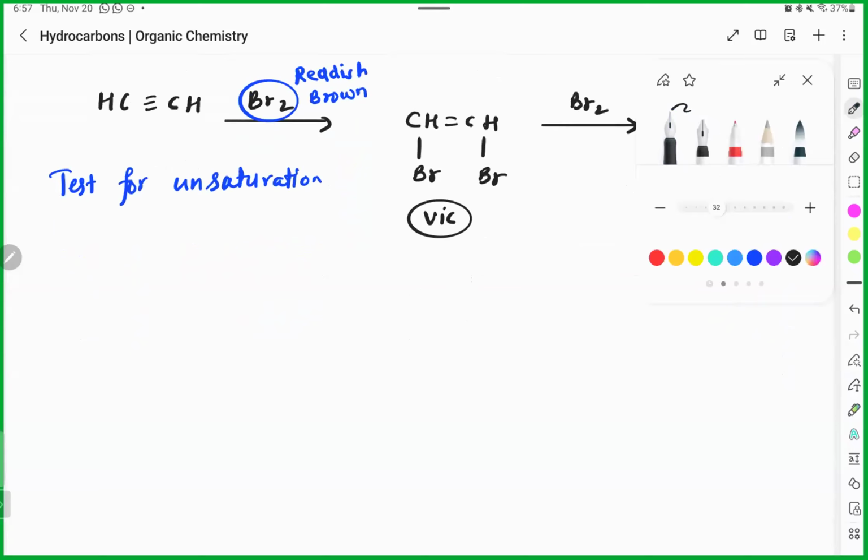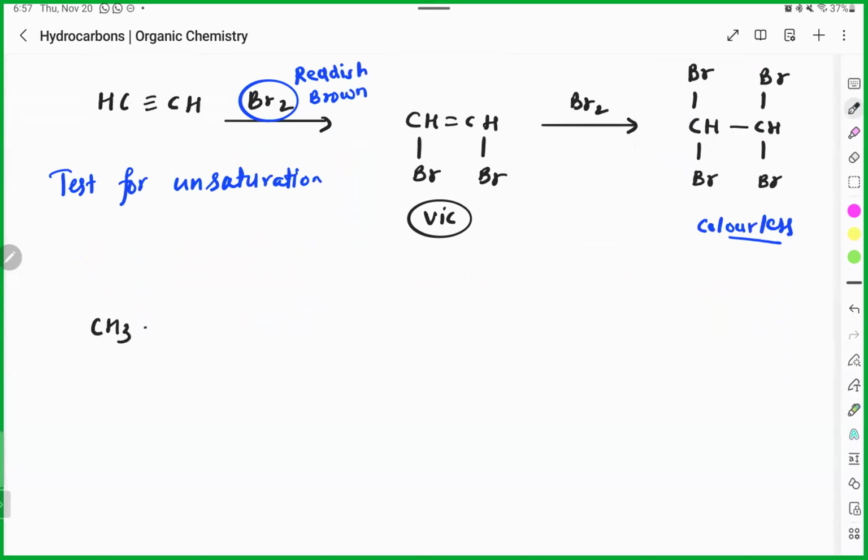One more reaction. If you have CH3 C triple bond CH with HBr, what will be the product?